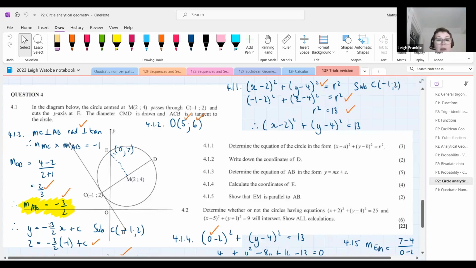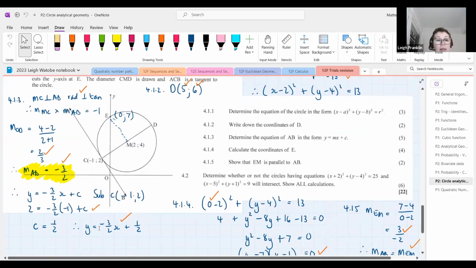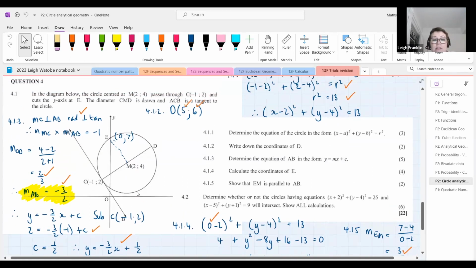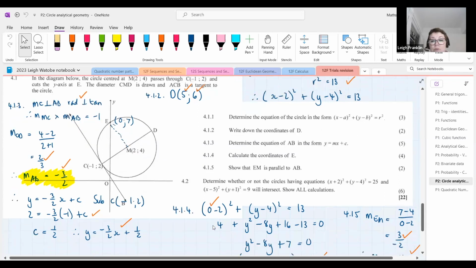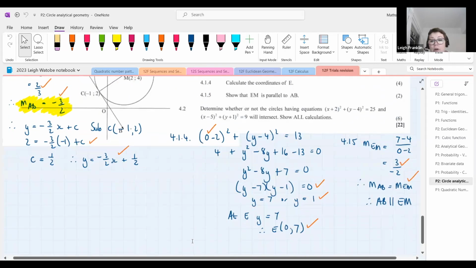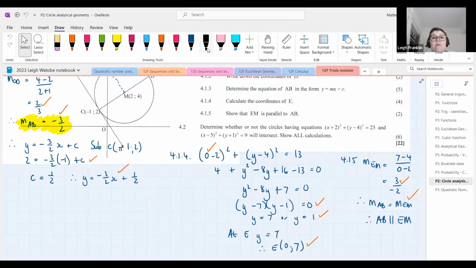It ended up being y equals minus 3 over 2 x plus a half. Then calculating the coordinates of E. E was the y-intercept, so you make x equal to 0. You should have got 7, and you should have worked out that E is (0; 7).